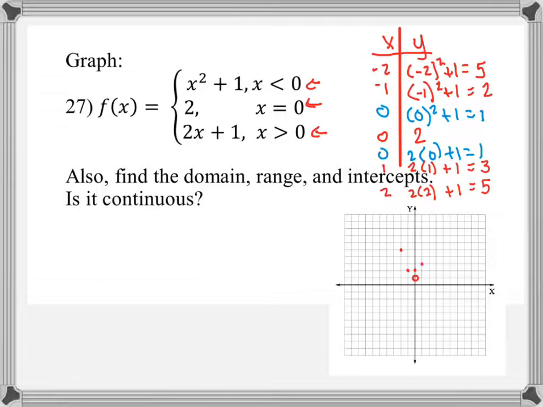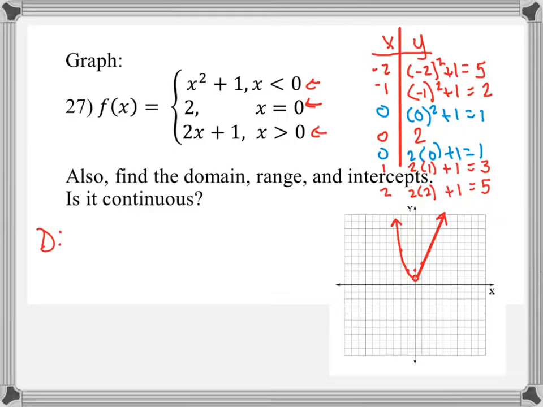So (0, 1), we already have an open circle there. And then (1, 3), (2, 5). So the left-hand side was part of a quadratic definition. So we have part of our parabola. We had our points, and then the part for x greater than 0 is linear. So it's partially quadratic, partially linear, and then we have a point by itself.